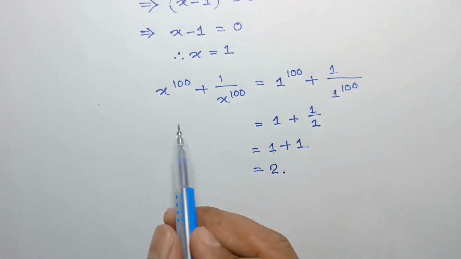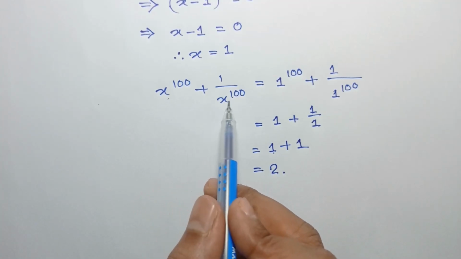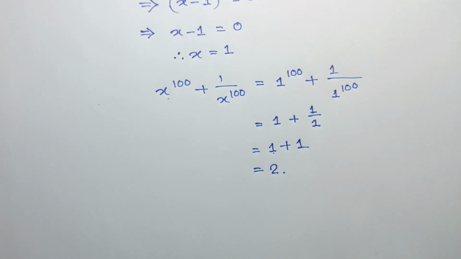So this is the value of x to the power 100 plus 1 over x to the power 100.